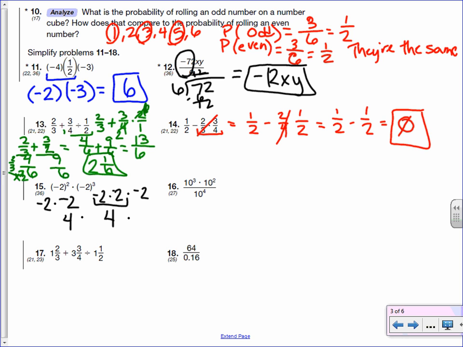And then 4 times negative 2 is 8, and it's negative because the signs are opposite. So what we end up with is 4 from the negative 2 squared and the negative 8 from the negative 2 cubed. 4 times negative 8 is 32, and it's a negative 32 because the signs are opposite.